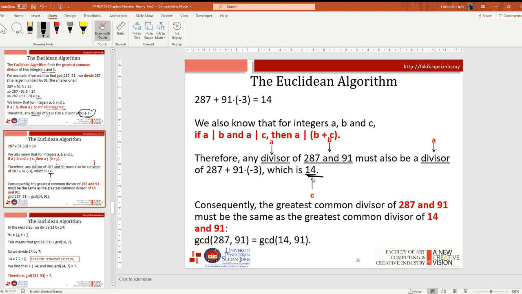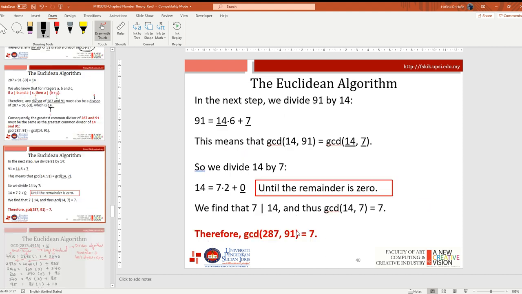Okay, this one I explained. Consequently, the greatest common divisor of 287 and 91 must be the same as the greatest common divisor of 14 and 91. GCD of 287 and 91 is the same as GCD of 14 and 91.